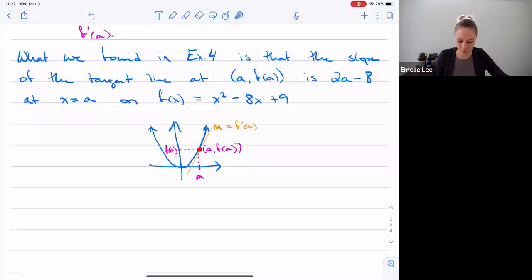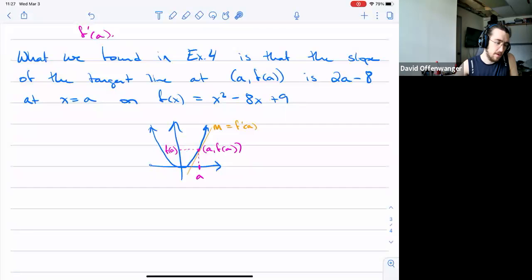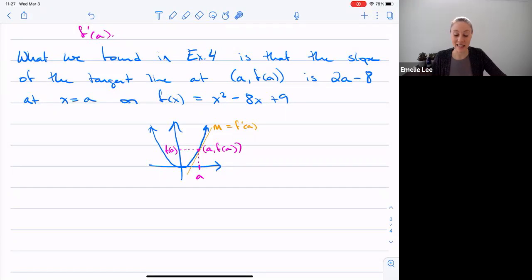That makes more sense. I'll admit it can be really tricky to keep track of f of x versus f prime of x, but it just takes practice, and it's okay to be confused.